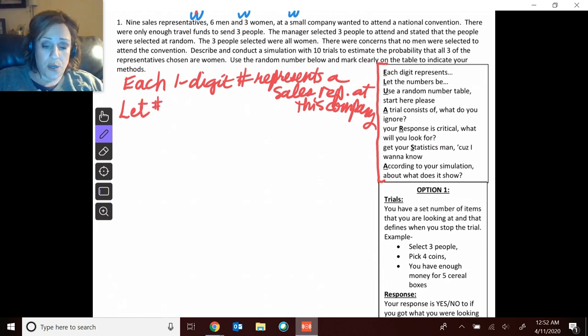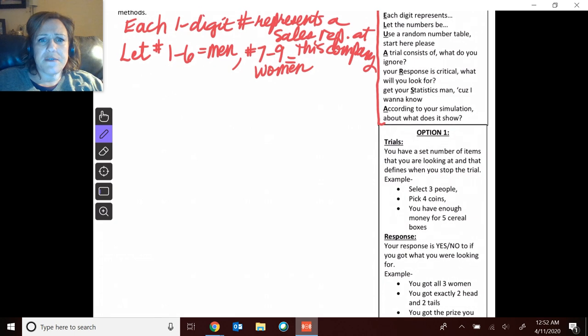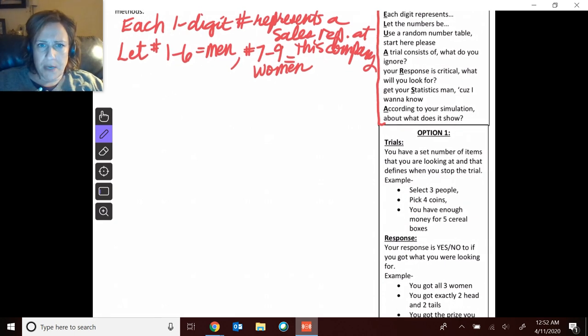Okay, I'm going to say 1 to 6 equal a man, and numbers 7, 8, and 9 equal a woman. And how do I address the fact that there's another digit I don't have accounted for? I'm going to ignore the digit 0. I'll just pretend that's not part of the mix. Ignore zeros.